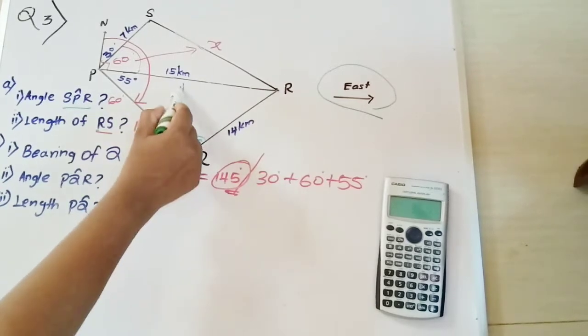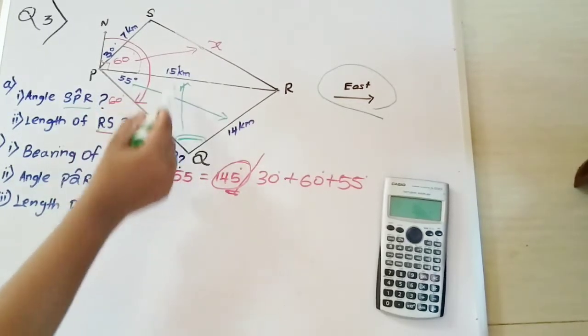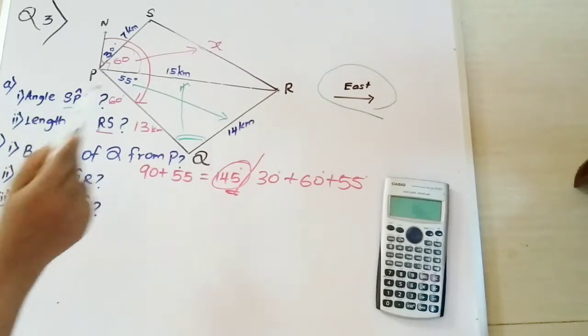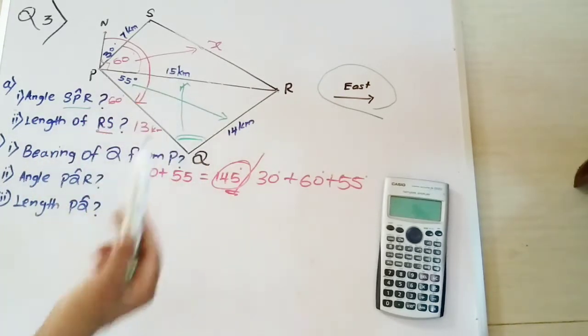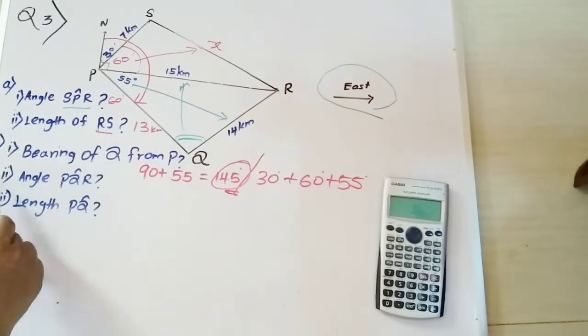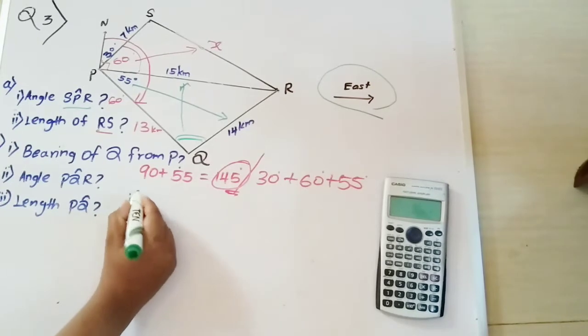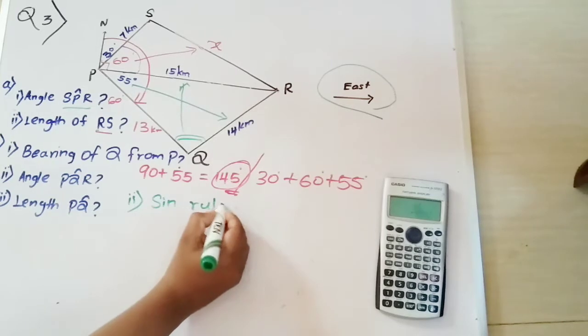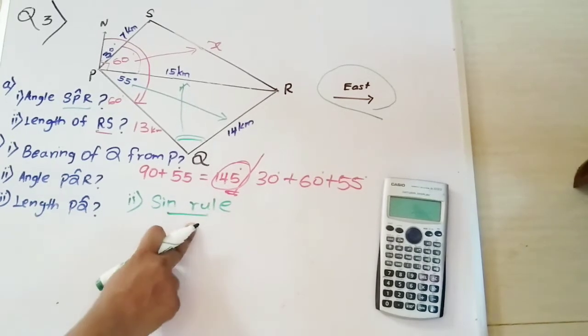Here, two known sides are there. 15 kilometer is opposite to the angle Q, and 14 is the side length opposite to the angle 55. So we can use the sine rule here.